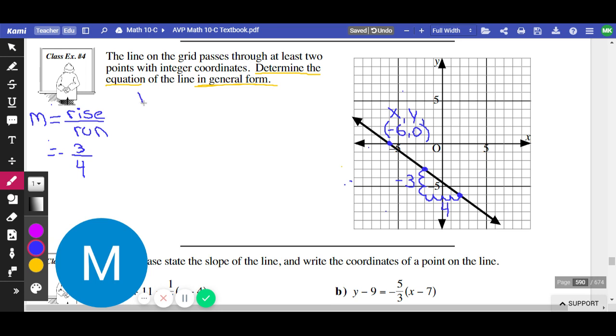My equation is y minus y1, which is 0, equals m, which we figured out was -3/4, bracket x minus x1. We have a double negative, so we make it x plus 6.